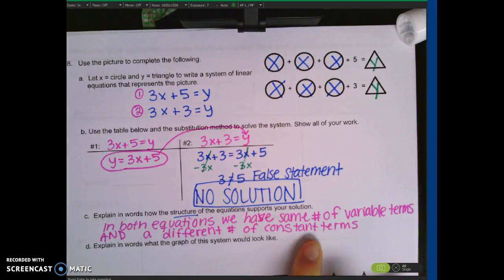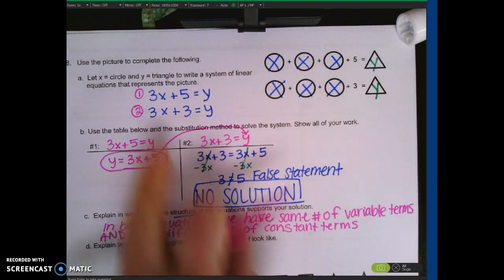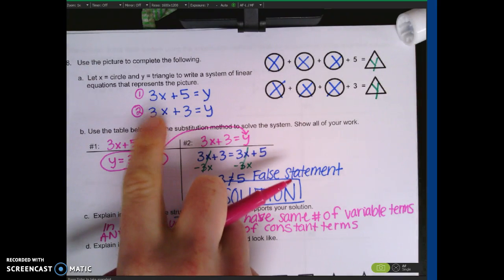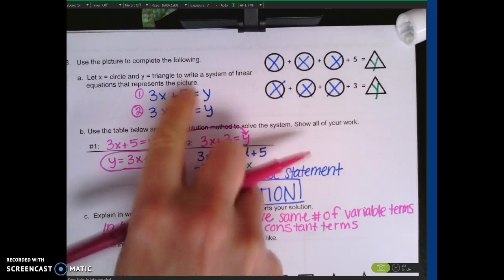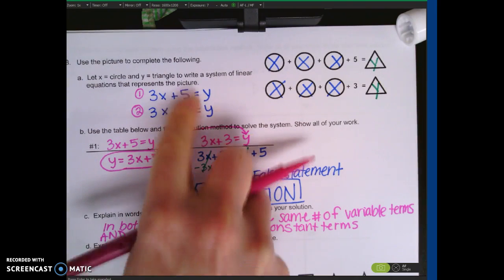If you think about in an equation, the variable terms, or the x's, the coefficient of x's are, that's right, it's our slope. And the constant term ends up being our y-intercept.